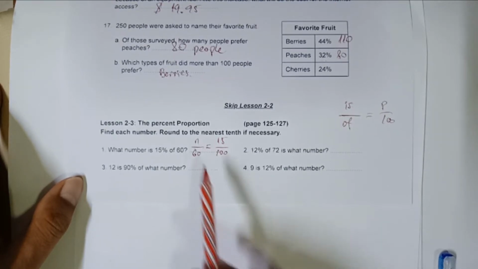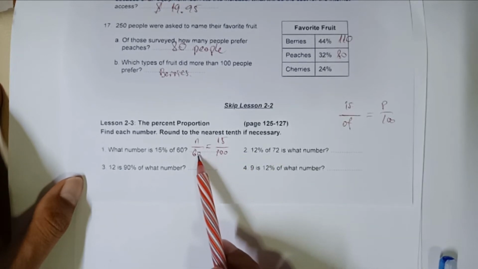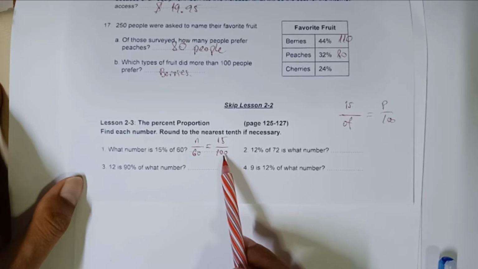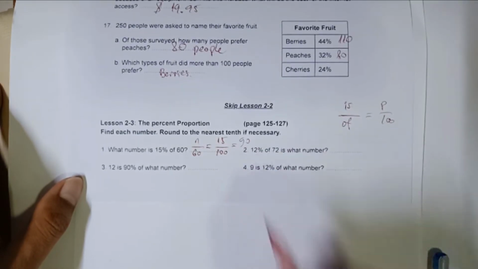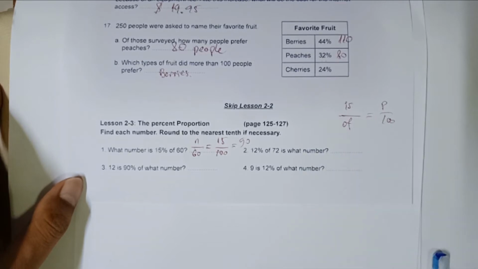So once you write this proportion down, all you need to do is simply use 60 multiplied by 15 and then divide by 100. Let me do this part for you. So you have 60 multiplied by 15 and you divide by 100. That will give you 9. Okay, by using this kind of setup right here.